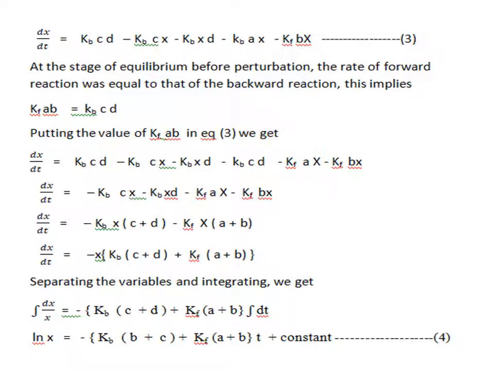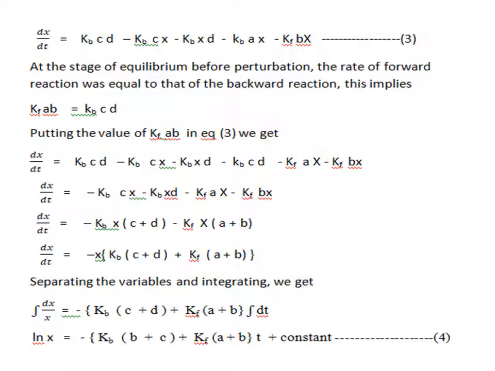Or this will become dx over dt equal to minus kb cx minus kb xd minus kf ax minus kf bx. KBCD and KBCD will cancel out each other.